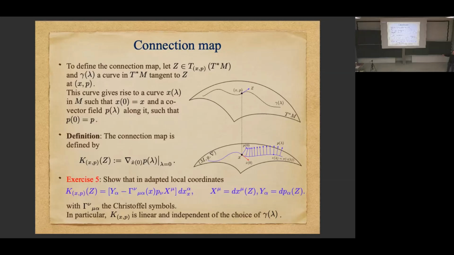So P of lambda, that's a covector field. Okay, so you differentiate this, you take the covariant derivative of this, so that gives you a covector. I was confused, I didn't see the P of lambda in the formula. Yes, P of lambda is a covector field here. Thank you. Okay, thank you for the question.